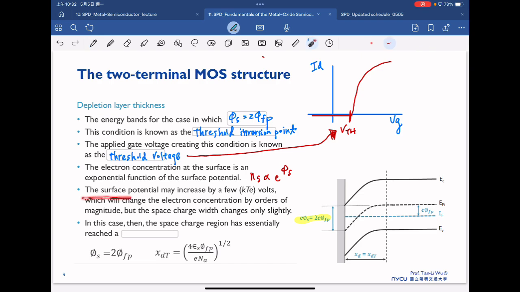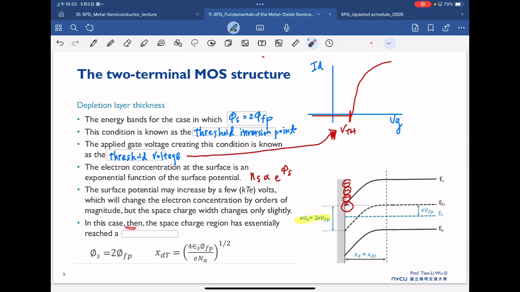The surface potential might increase by a few kT, which will change the electron concentration by orders of magnitude, but the space charge width changes only slightly. So that means if we apply a small increase of gate voltage, the electron concentration here will change dramatically, but the depletion width doesn't change a lot.